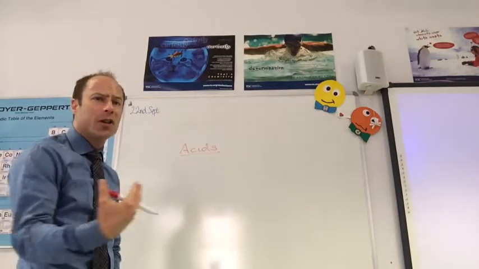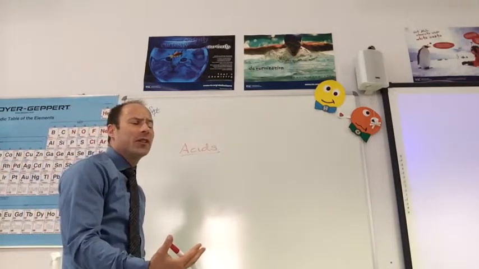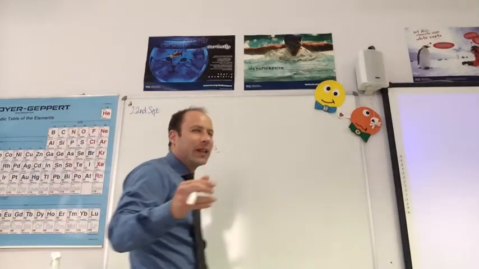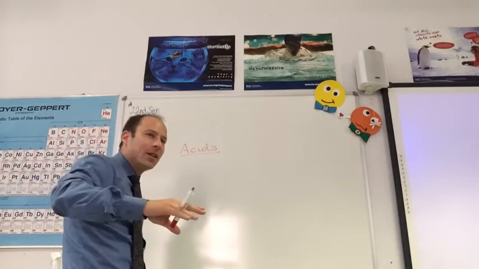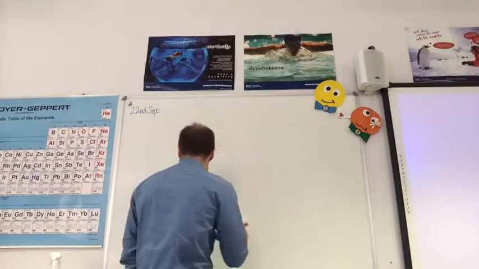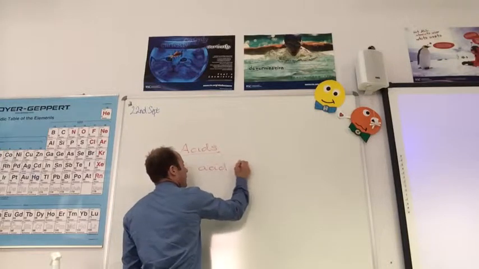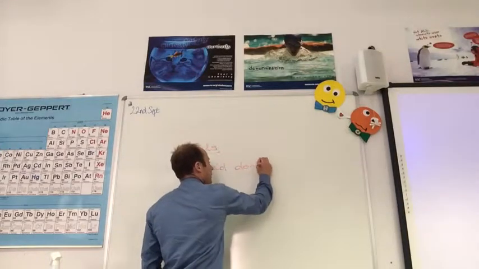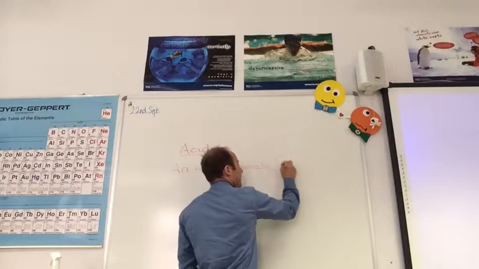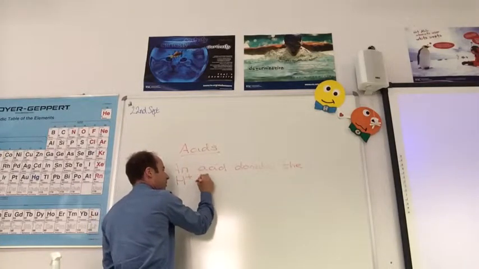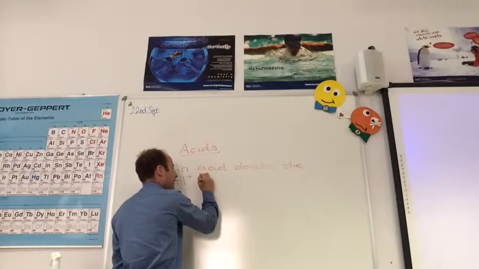What particle would an acid produce if I dissolve it in water? It's like alkane and alkenes. That's organic chemistry. Do you remember that an acid donates the H plus particle, the H plus ion?